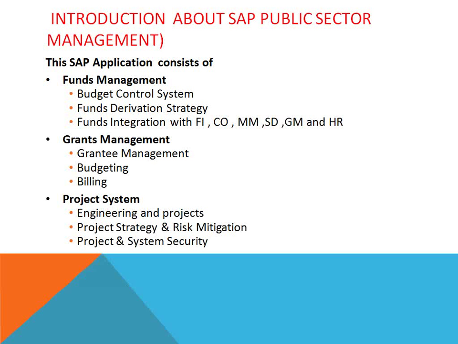Then budgeting, how the federal budget goes into the budgeting system, and billing. From the project system perspective, we have CapEx projects within a government organization and OpEx projects. Capital projects, operational projects, engineering projects, project strategy and risk mitigation strategies are there. Project and system security: I have done all this.